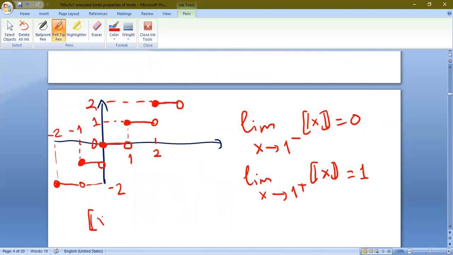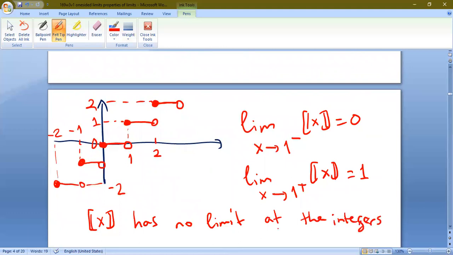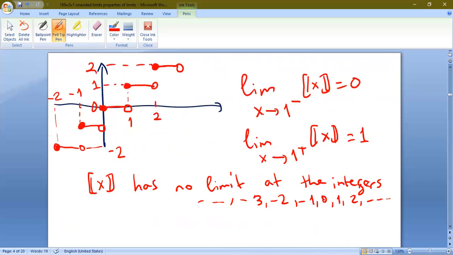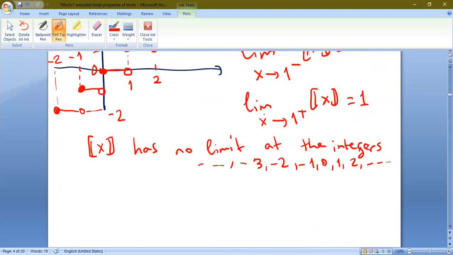So this function has no limit at the integers. Integers are, remember, minus 3, minus 2, minus 1, 0, 1, 2, etc. All these numbers, which could be plus or minus, and this is another important kind of function, which, as I said, will maybe be seen in the integration theory.